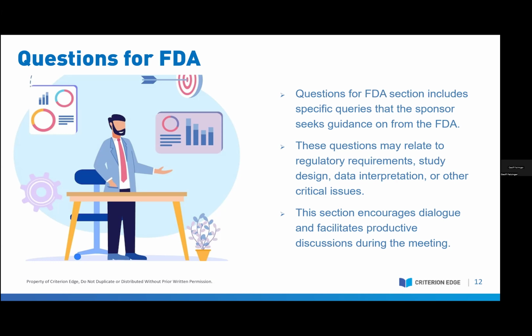And it doesn't appear that you just tried to cut and paste out of a protocol or out of a different document or an IMPD or an IB and plug that into a section that has a title or a heading and then move on to the next, because that creates a disjointed, what they call a cognitive disjointed reading experience for the agency.